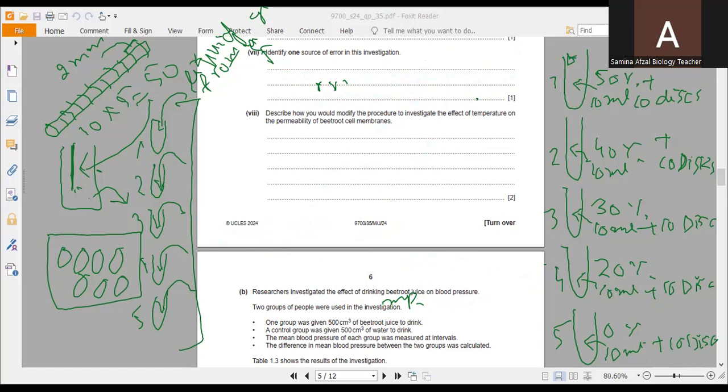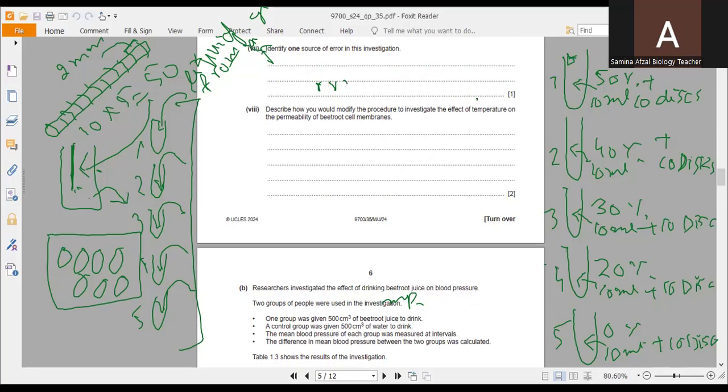Well, this is very important, that how can you modify this? So modification is that we want to know the effect of temperature on the permeability of beetroot cell membrane. It means we have to provide a different range of temperatures to the beetroot cell membrane.